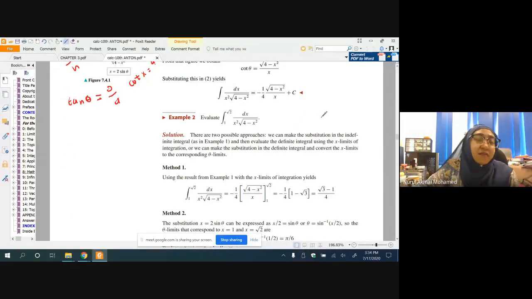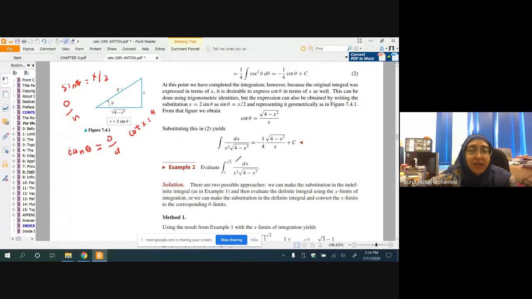I cannot write on the screen. By the way, this is a definite integral. What you have to do here is, the limit of the integral is in terms of x, because the integration is with respect to x. So in order to substitute the limits while solving this integral, you have to make sure that you already change everything to the variable x.